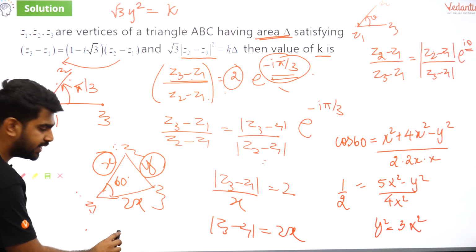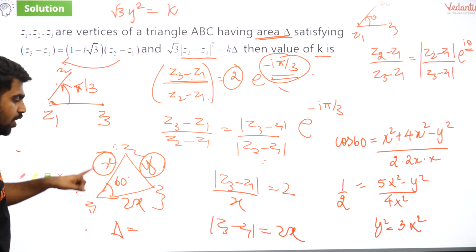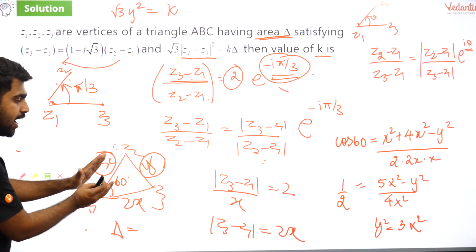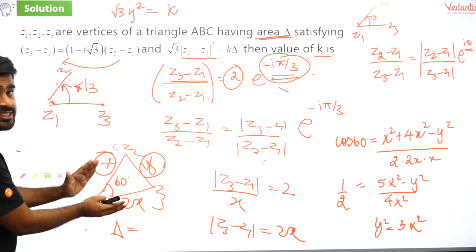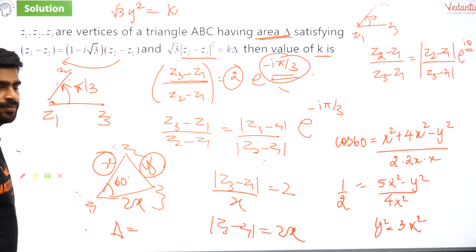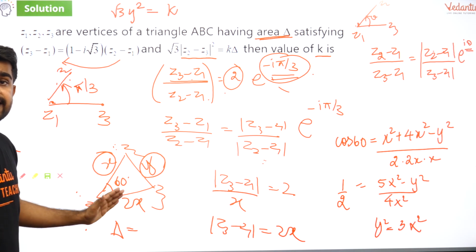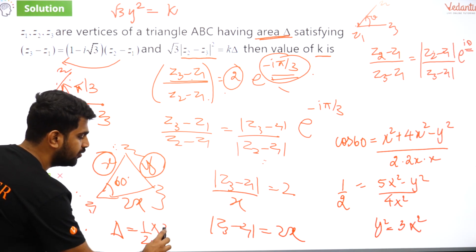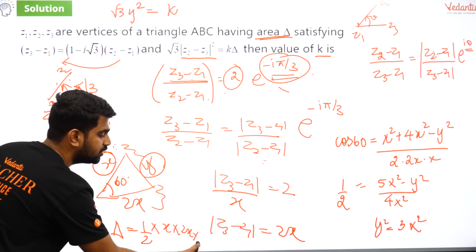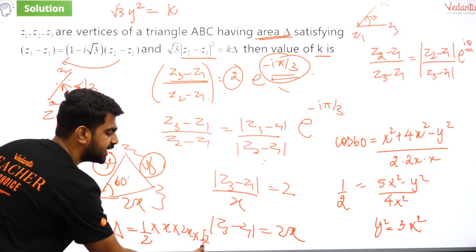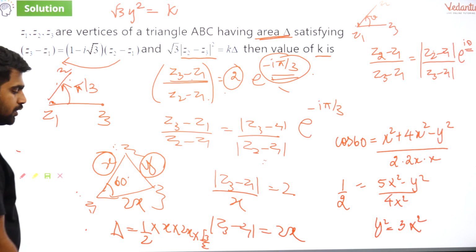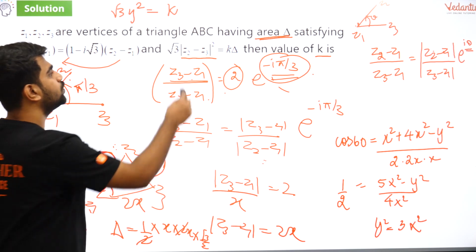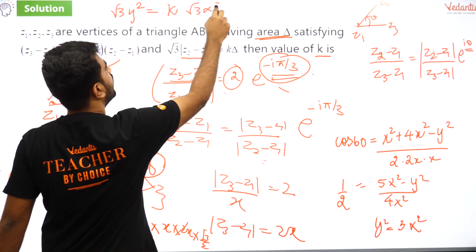Delta, the area, is equal to half AB sine C, or you can say it as half the product of adjacent sides and the sine of the included angle. So half into the product of adjacent sides into sine of the included angle, which is sine 60, root 3 by 2. So what is my area? My area is root 3 x square by 2.